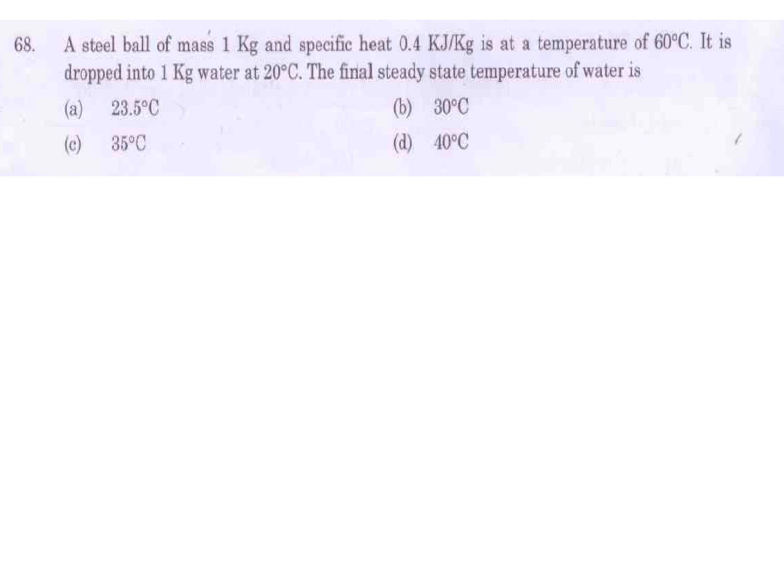Next, a steel ball of mass 1 kg and specific heat 0.4 kilojoule per kg is at a temperature of 60 degrees Celsius. It is dropped into 1 kg of water at 20 degrees Celsius. The final steady state temperature of water is how much?